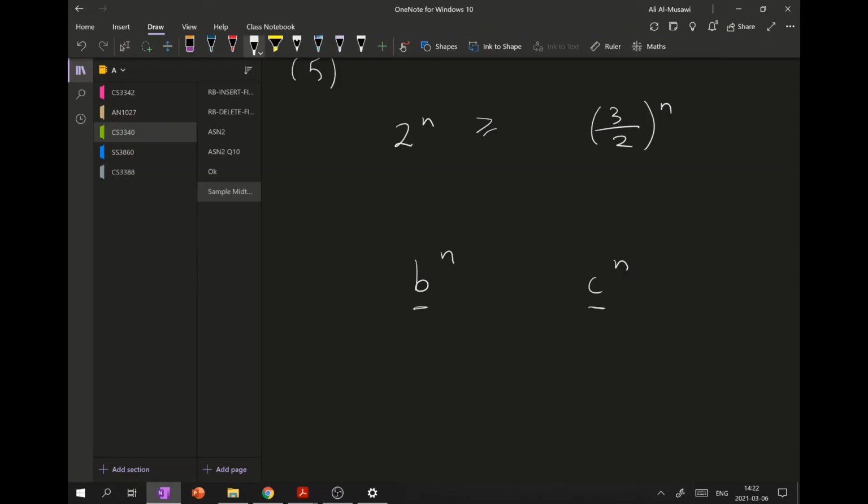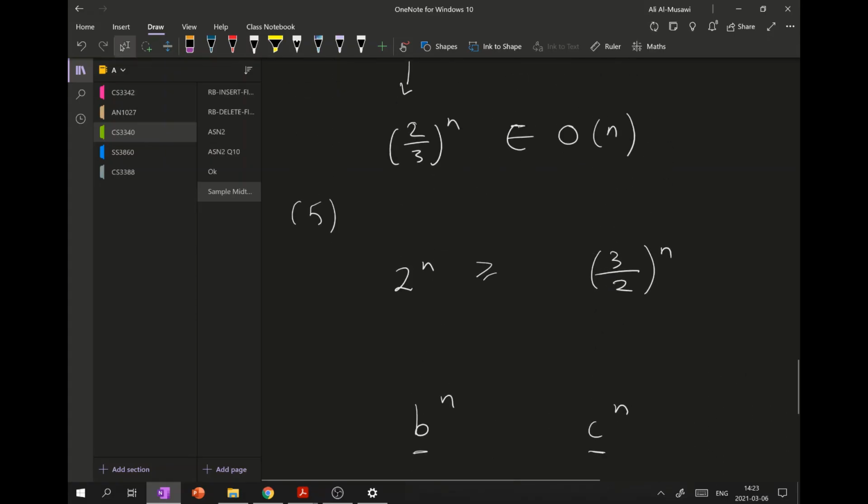When the base is bigger, so if b is greater than c, that implies b^n is faster. Other way around, then c^n is faster. But since this is the case, since 2^n is faster, then we can say that (3/2)^n is in big O of 2^n.